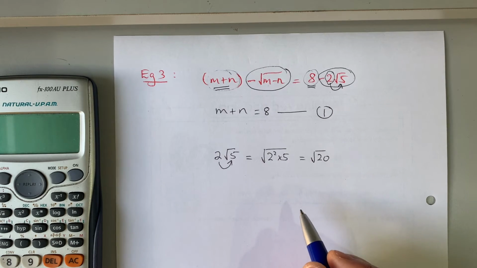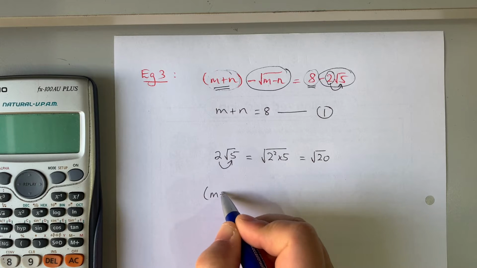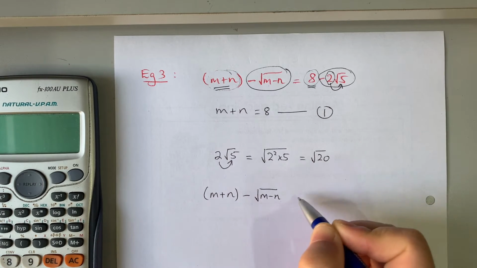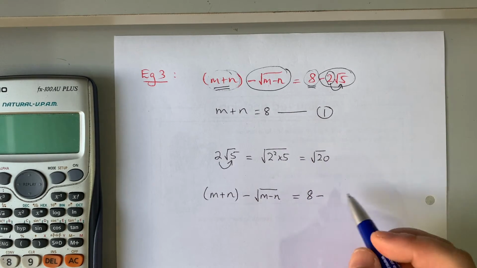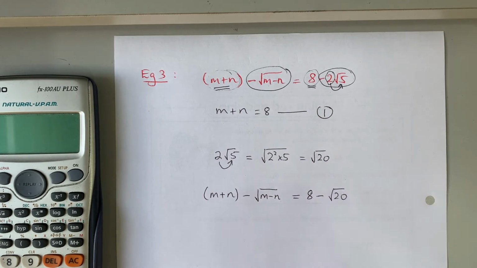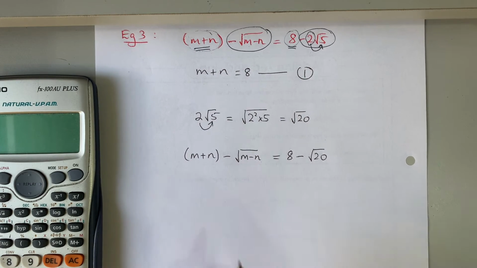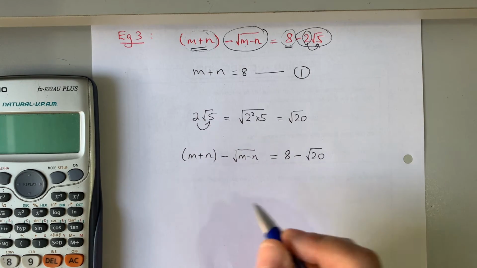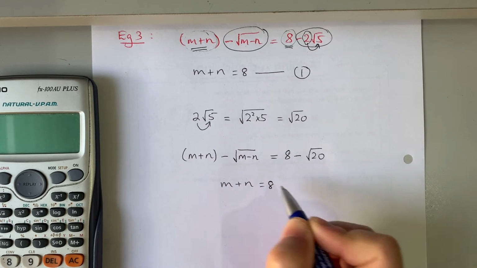Okay, so let's put that together. So we've got m plus n minus root m minus n is equal to 8 minus root 20. Okay, so we've got two equations that we have to solve simultaneously. m plus n is equal to 8, which we already know.